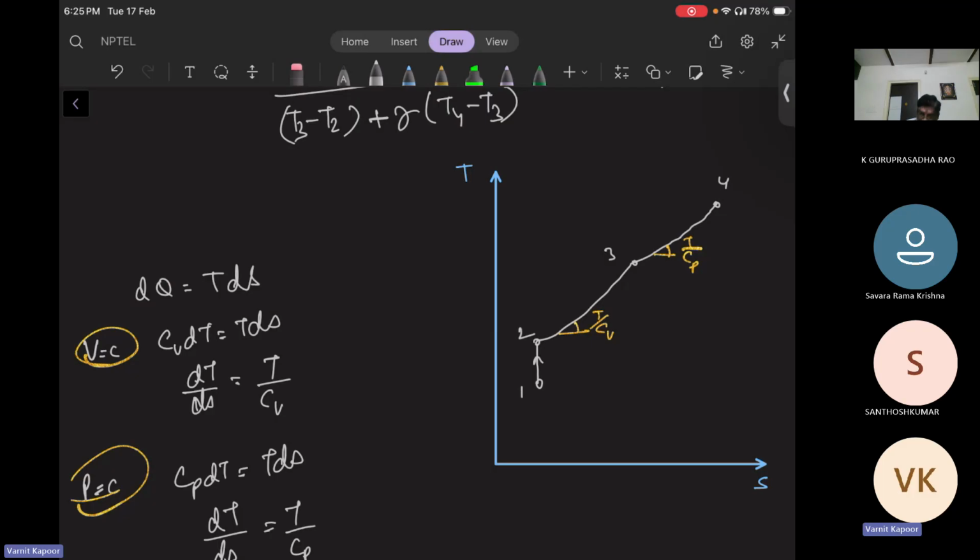Now 4 to 5 is isentropic expansion. And 5 to 1 is heat rejection at constant volume. So for constant volume, the 2 to 3 and 5 to 1 lines will be parallel to each other. So you have to make the same slope. They should look parallel. Let me draw once again.